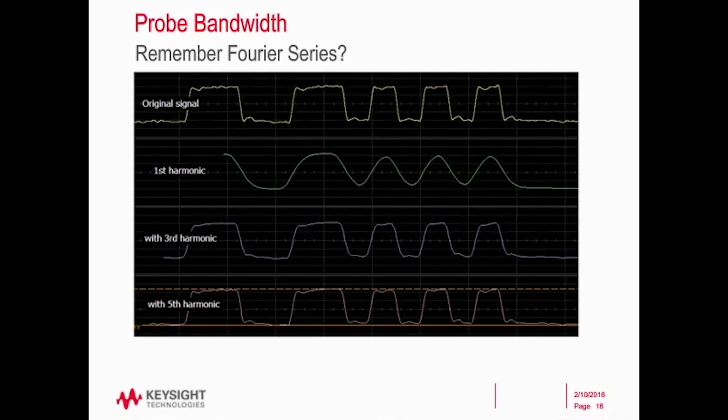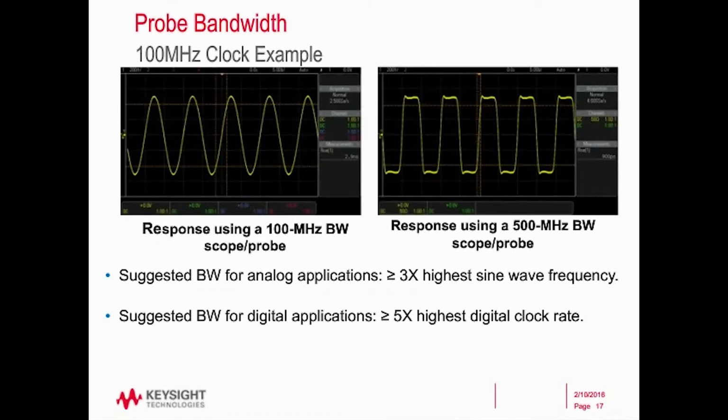Okay, so let's build on this a little bit. Take an example where I've got a system with a 100 megahertz clock. If you look at that screenshot on the upper left, I'm measuring that 100 megahertz clock with a 100 megahertz bandwidth scope and probe combination. What I'm seeing is a signal with a period appropriate for 100 megahertz, but it's looking kind of like a sine wave.